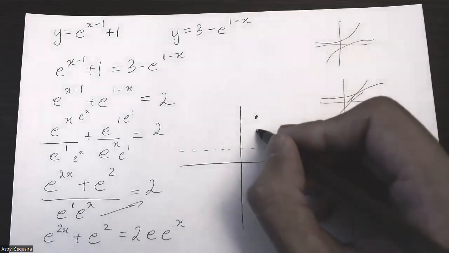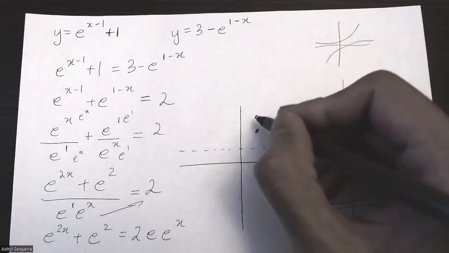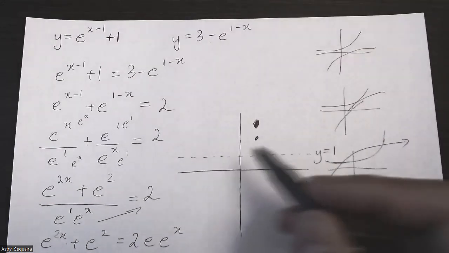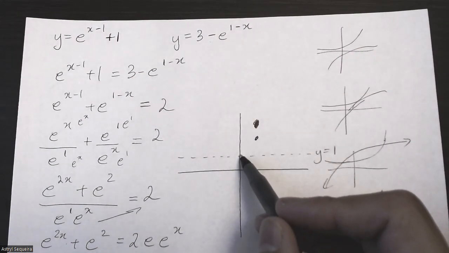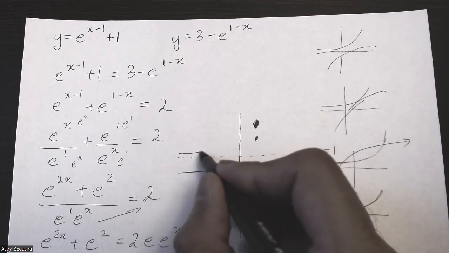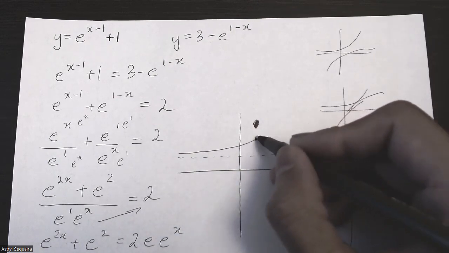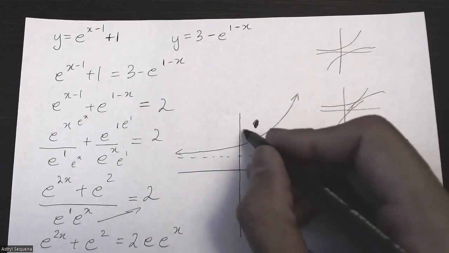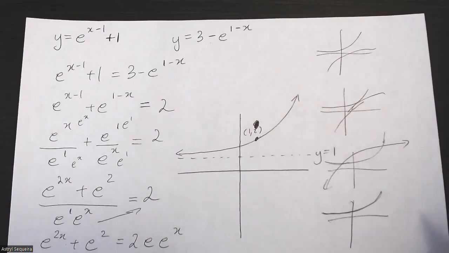So the point of intersection is actually 1, comma 2, not 3, comma 2. That was a tiny mistake, because it's normally at 0, 1. I move 1 to the right, 1 up. And then this is exponential growth here. The first function looks like this, where this point is 1, comma 2.